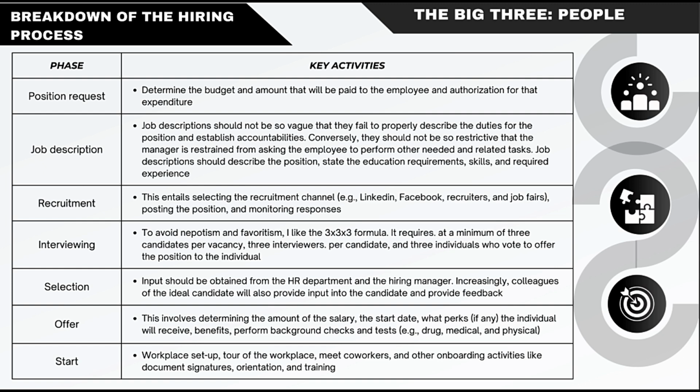This may involve obtaining approval from department heads, HR personnel, or upper management, depending on the organizational structure and policies. This phase sets the foundation for the hiring process by establishing the financial parameters for the position and obtaining the necessary approvals to move forward with recruitment efforts.